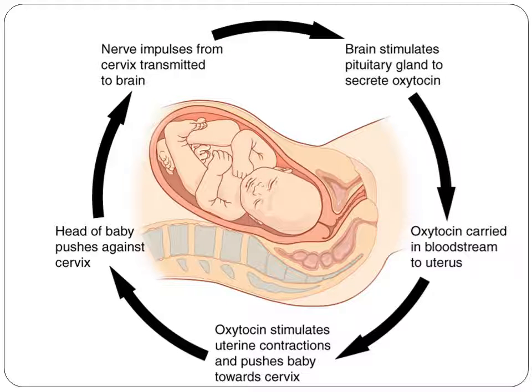So we will enter this vicious cycle of impulses going to the posterior pituitary to stimulate oxytocin release. Oxytocin increases the uterine contraction, pushes the baby more towards the cervix, more nerve impulses to the posterior pituitary, and so on.